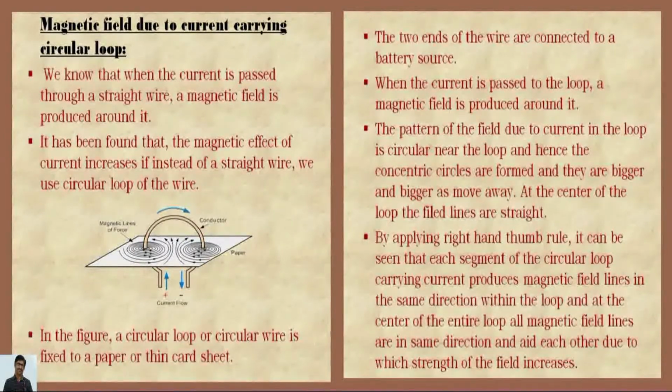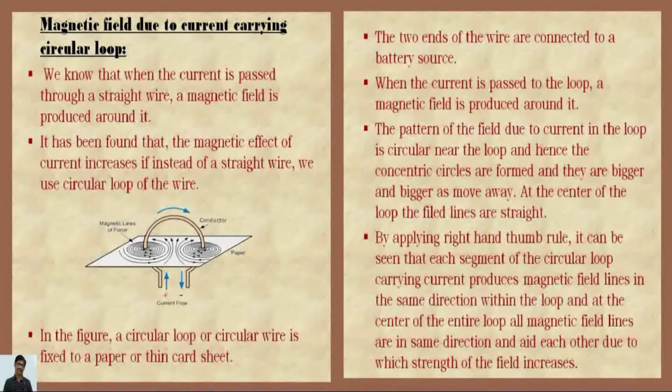At the center of the loop, these field lines are pretty much straight. I am talking about the center of the entire loop, dear students. So the magnetic field lines are straight.